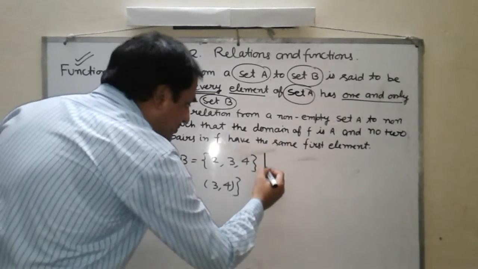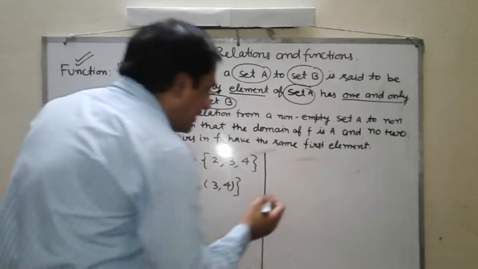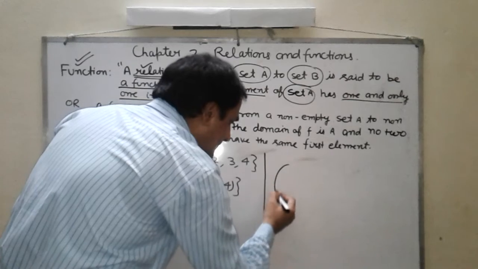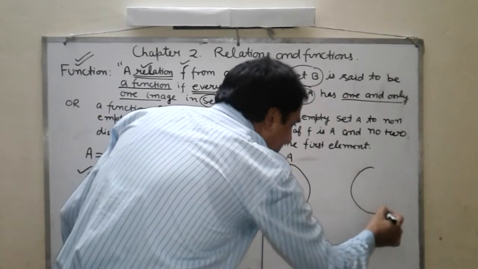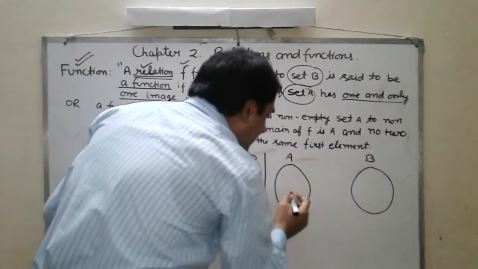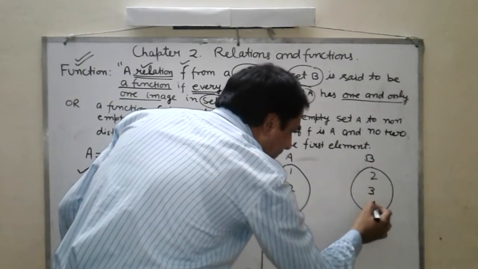Here I am going to represent this F1 with the help of an arrow diagram. Set A and this is set B. 1, 2, 3, and 2, 3, 4.